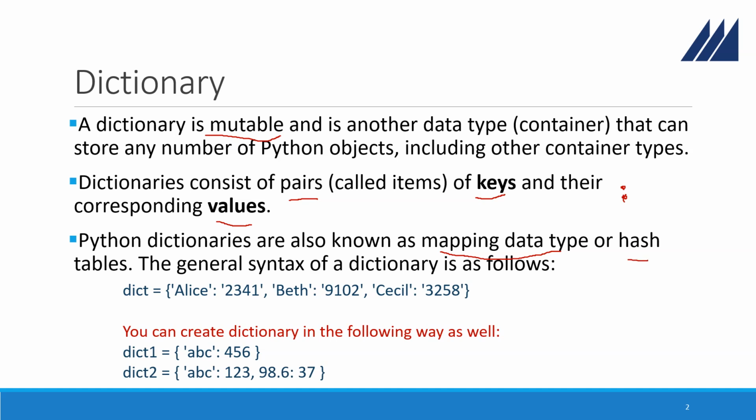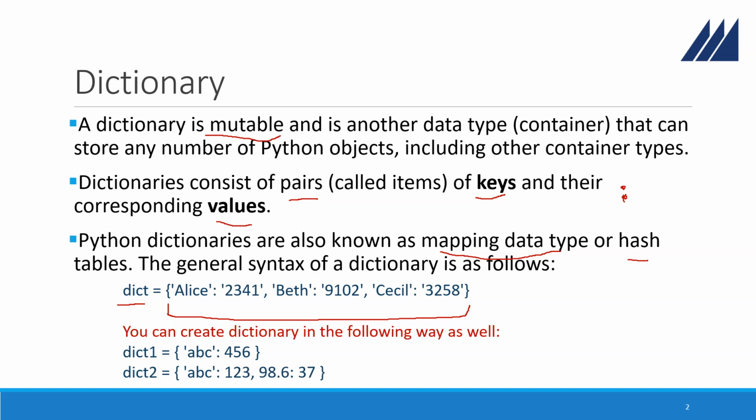Okay. Here is the general syntax of a dictionary. You have the name of the object, or the dictionary. In this example, it says dict equal to, and then all the items of the dictionary go between curly braces.